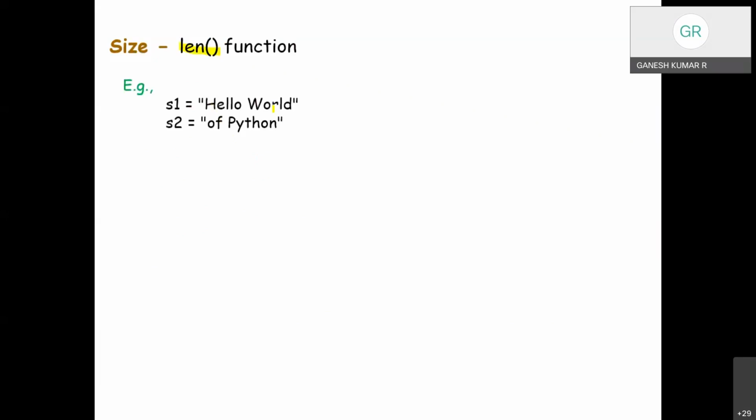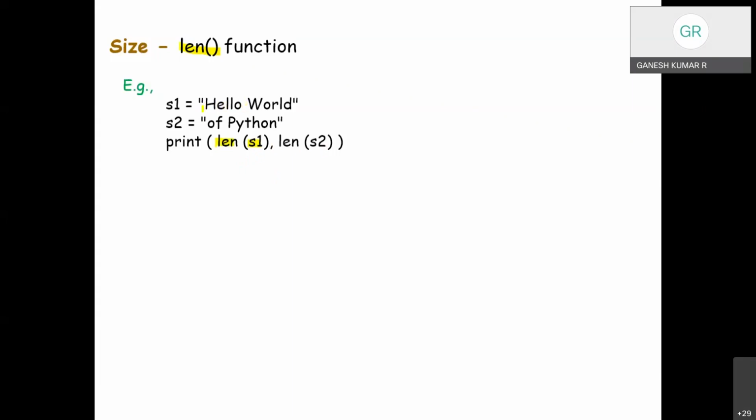For example, hello world, let us take the same and print the length of S1. So this length function returns the count of characters 1, 2, 3, 4, 5, including blank space. Blank space is a special character.